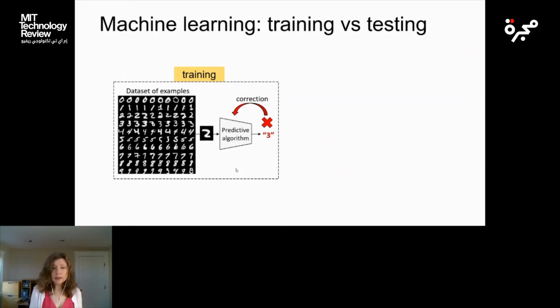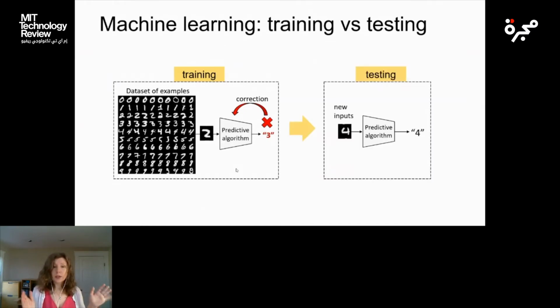After correcting itself, it updates its own internal state, and eventually, after looking through lots and lots of data and correcting its mistakes, it will learn to make good predictions. At that point, we stop the training phase and start the testing phase, which is deployment. We deploy the algorithm, show it new inputs, and it will make predictions on those new inputs in the wild.